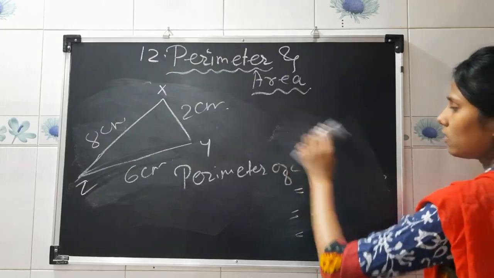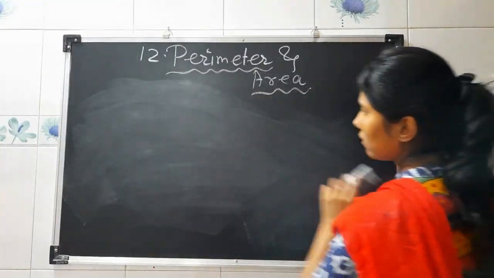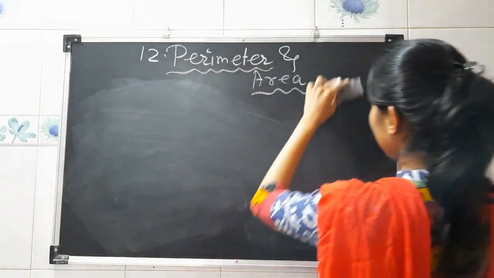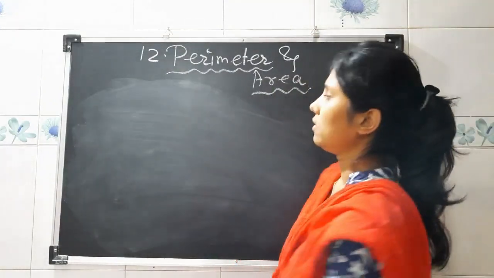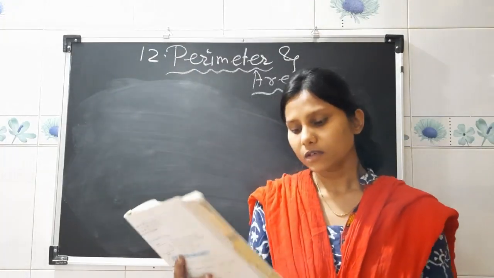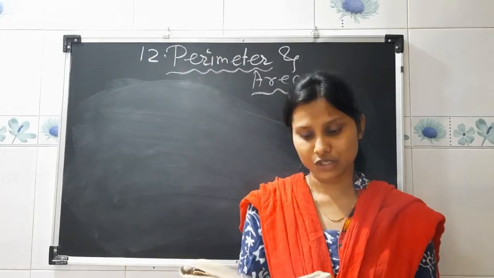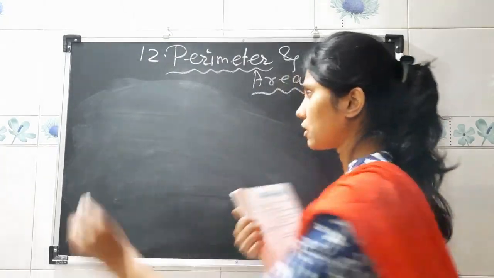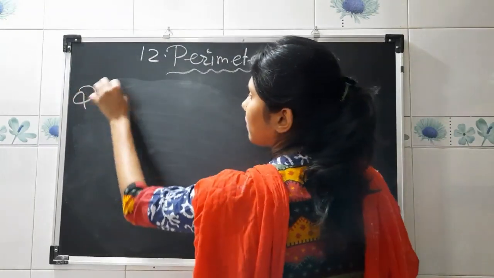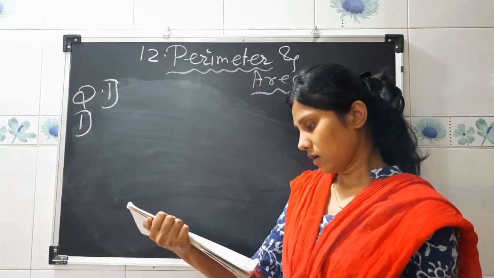So you know how to write the perimeter of the figures. Today we will be solving problem set 48 as a revision. Question number 1. First figure they have given you.